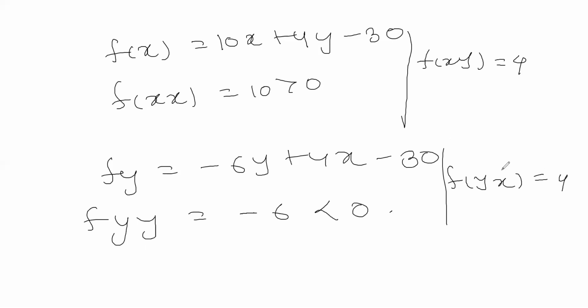So the cross partial derivatives are equal to each other and hold Young's theorem. But we need to check the third condition now. We have already observed that the two signs were different for the second order partial derivatives. First one was a positive 10, second one was a negative 6. Now all depends on the third condition.